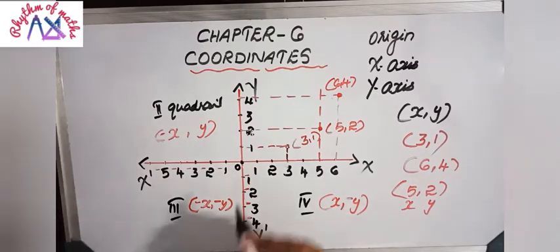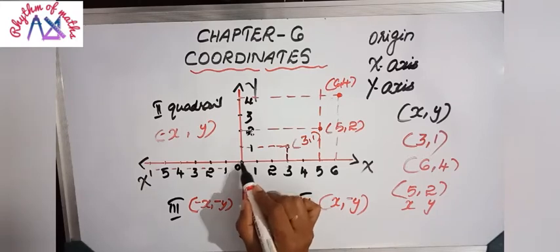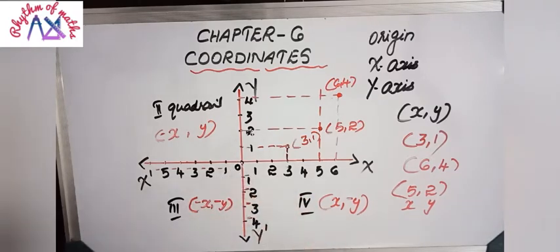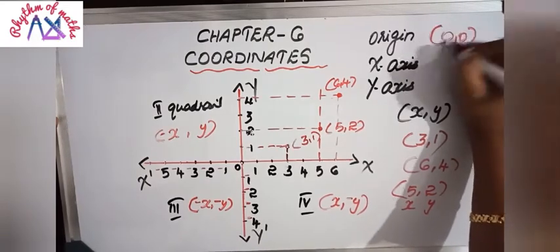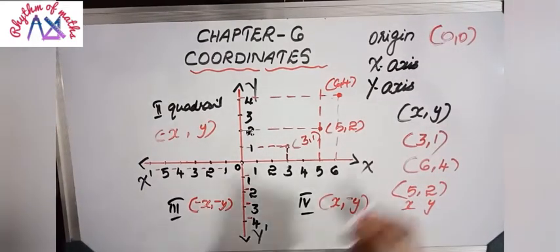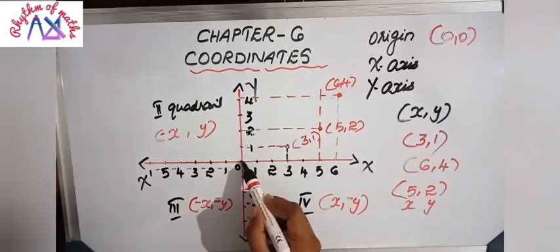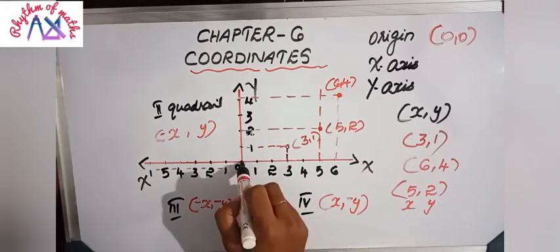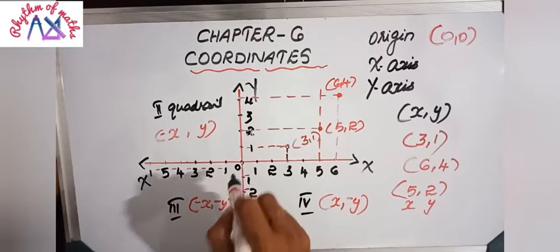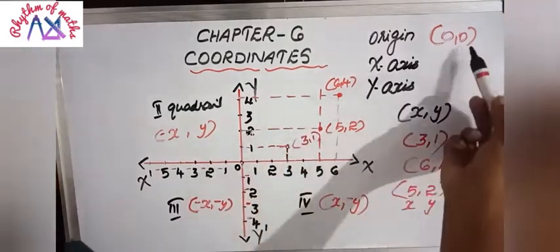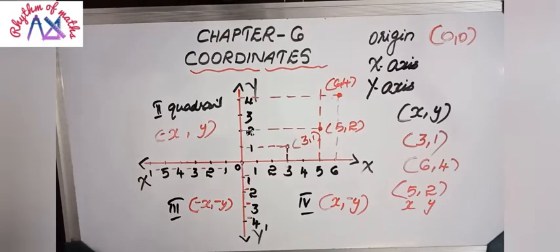Now the coordinate of the origin. This point also has a coordinate. The coordinate of the origin is (0, 0), because from this point we can't move anywhere, it is a meeting point, so that coordinate is (0, 0).